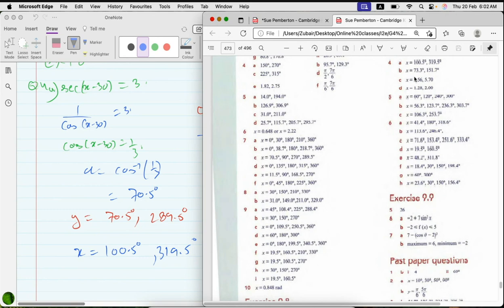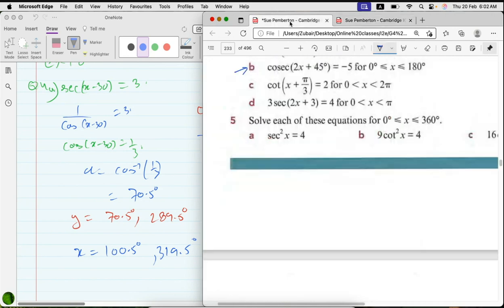No, I can't. I don't understand why. You're getting the second one correct, 151.7. What was your basic angle? Let me see. It was a negative 11.54.